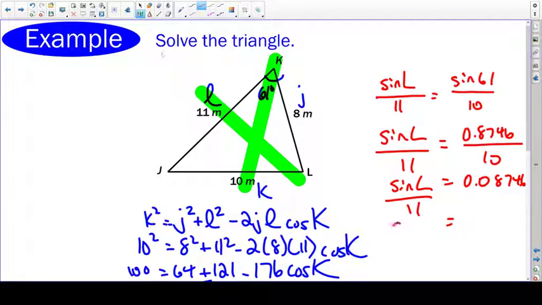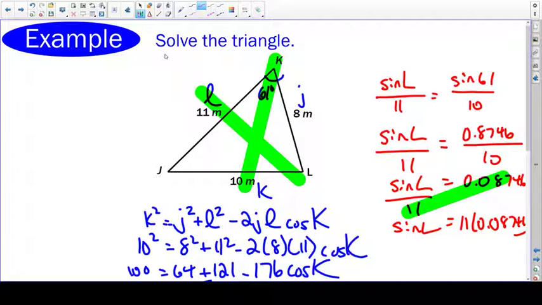And then to figure out what sine L is, I'm going to cross multiply. When I cross multiply, I'm multiplying 11 by 0.08746.